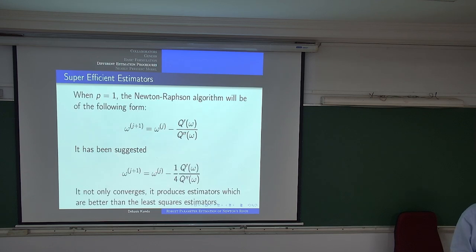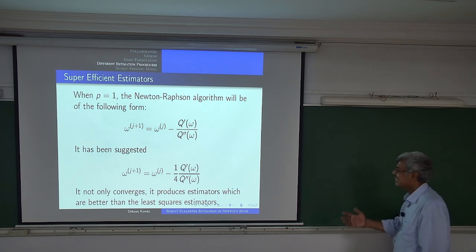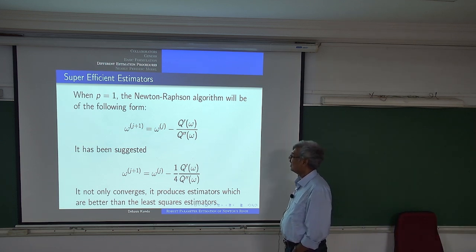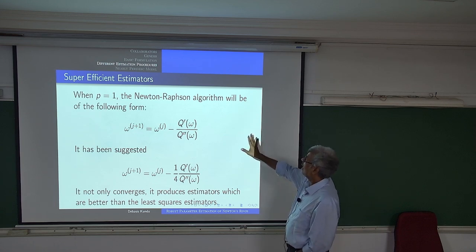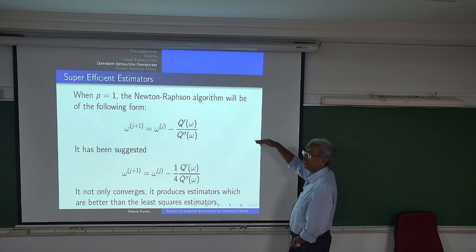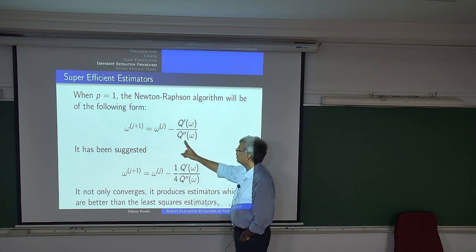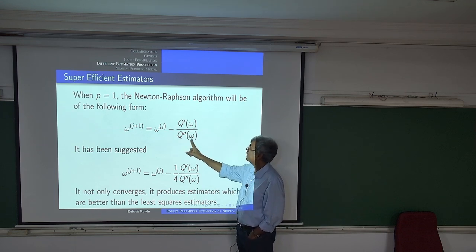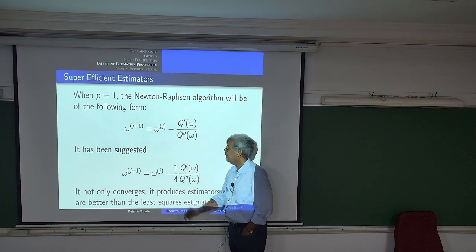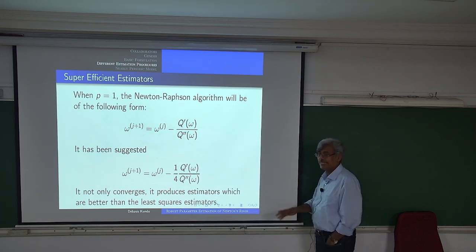Well, this is another one which is, I would say, counterintuitive, but it works very nicely. If you are looking at the Newton-Raphson algorithm in general, which is a very simple one, this is the gradient and this is the Hessian. That is what we have, but that does not work.